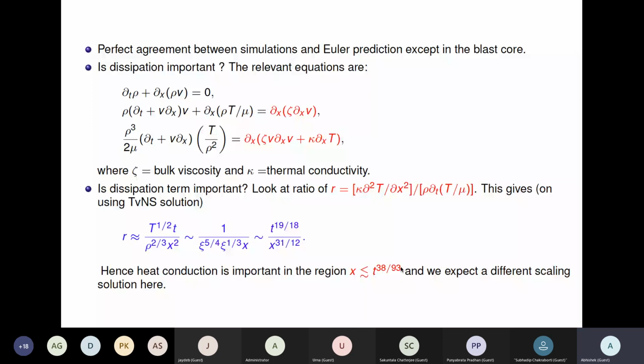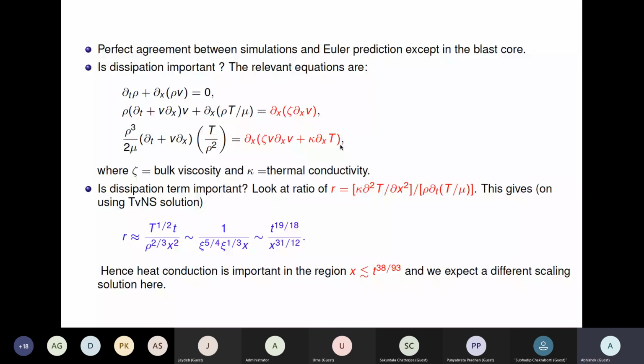Which means the entire blast is over a length scale to the power 2/3, and this is some much smaller length scale, 38 by 93. So in most of the region, these red terms are not important, so we were correct in ignoring them. But in the center core region, it was not right. We should have included the heat conduction term.